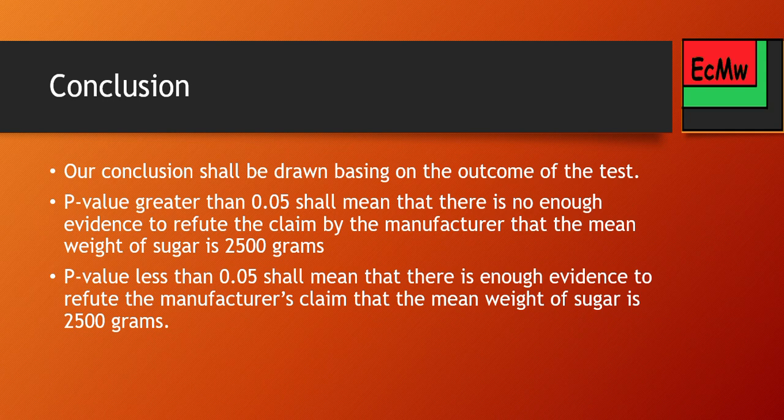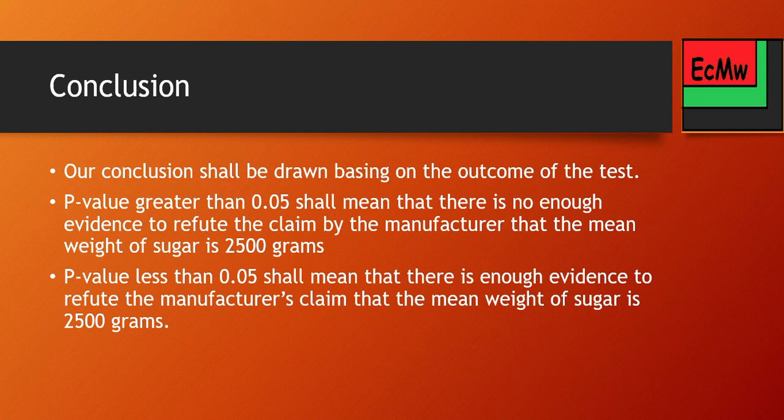So as I've already stated, if we find the p-value less than 0.05, it shall mean that there is enough evidence to refute the claim of the manufacturer that the mean weight of sugar is 2,500 grams.